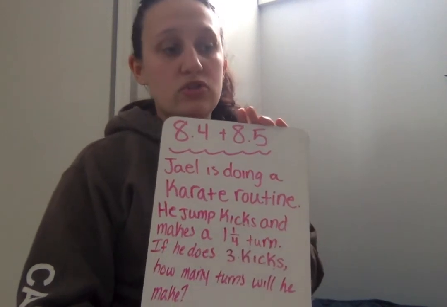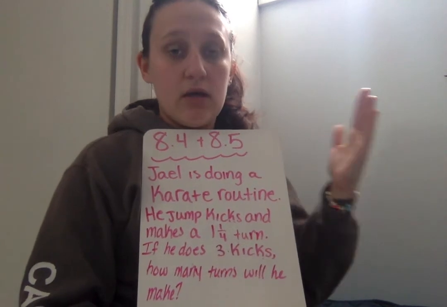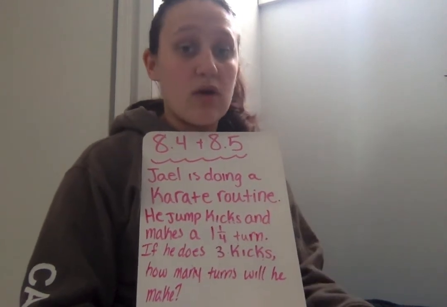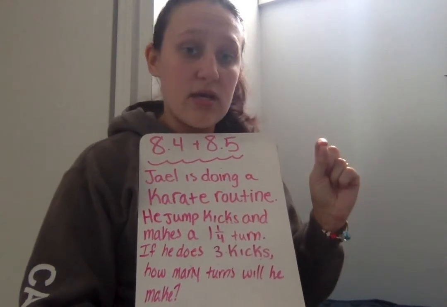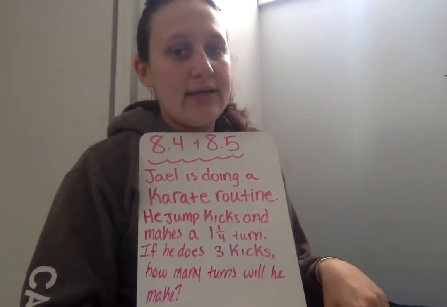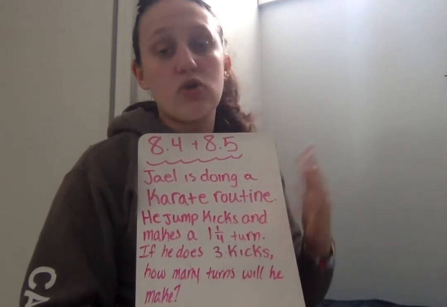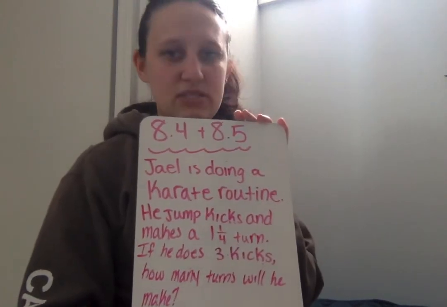In order to do that, you need to use the skills that we worked on in the previous lessons. One of them is changing this into an improper fraction, then multiplying, and then changing it back into a mixed fraction. I'll show you how we're going to do that. It's actually not that hard as long as you remember the steps.